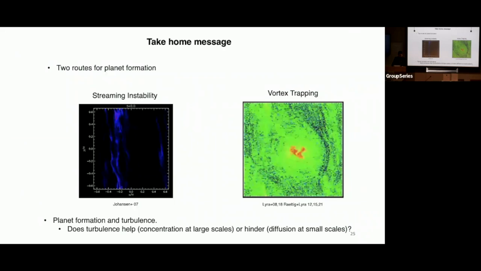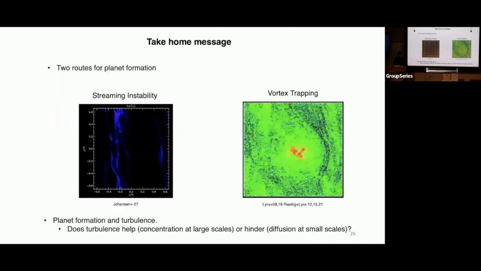And we still don't know yet how turbulence helps to concentrate, how turbulence will interact with the streaming instability. If it's going to help concentrating the pebbles at the larger scales of the flow, as we see here, or if it's going to hinder, that means that the turbulence will lead to too much diffusion at the small scales of the flow. So that's one open question.